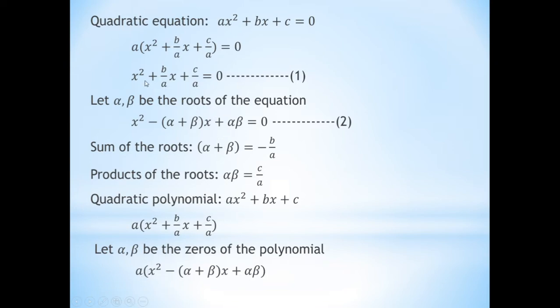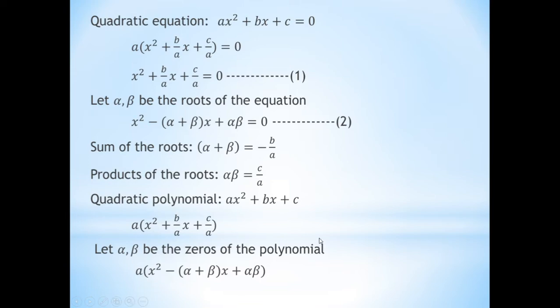Just compare: here it is x² minus (alpha plus beta)x plus alpha beta is equal to 0, but here the a remains. That is the only difference. So whenever you are asked to find a quadratic equation, you can take it like equation 2, and whenever you are asked to frame a quadratic polynomial, you must take it like this, that is, prefixed by a.